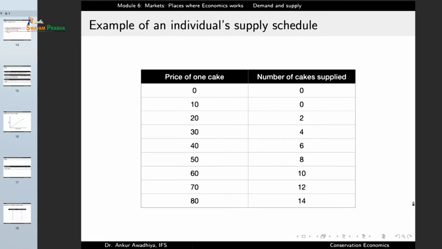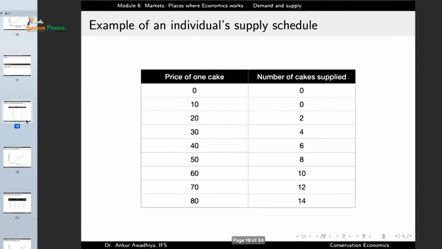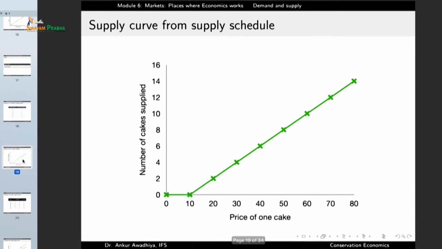So even though by supplying more and more number of cakes, the seller can maximize his profit, he also has a dearth of time. So the number of cakes that he supplies at any price will not go to infinity. And we can use this supply schedule to make a supply curve. So here it is showing that as the price of the cake increases, the number of cakes that are supplied also increase.